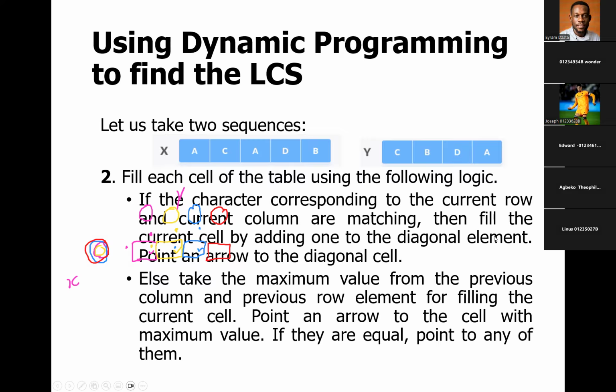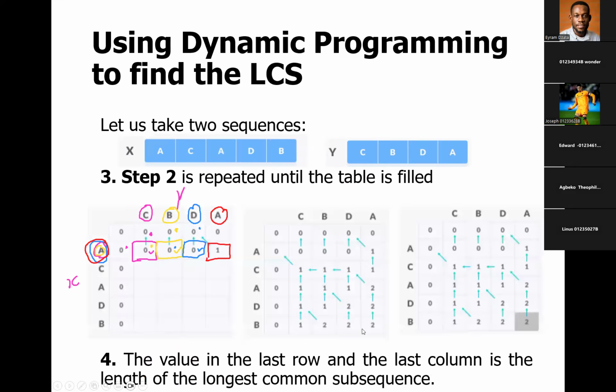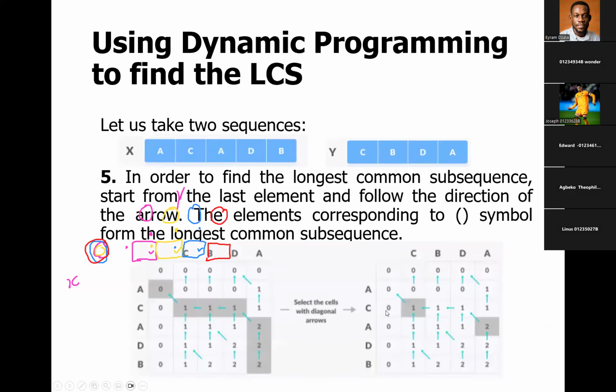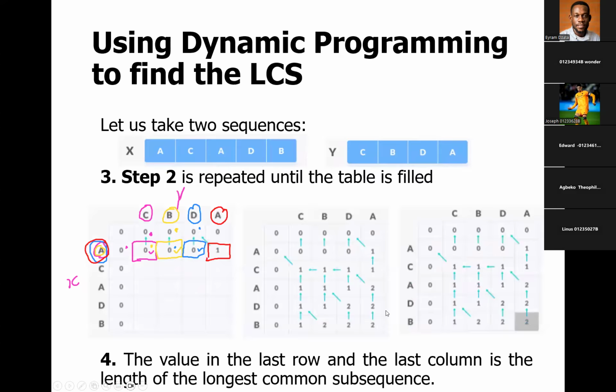To what? The diagonal element. Okay, so let's go back to the slide. So when we fill it, this is the diagonal element, this is the cell, and the corresponding characters are the same.